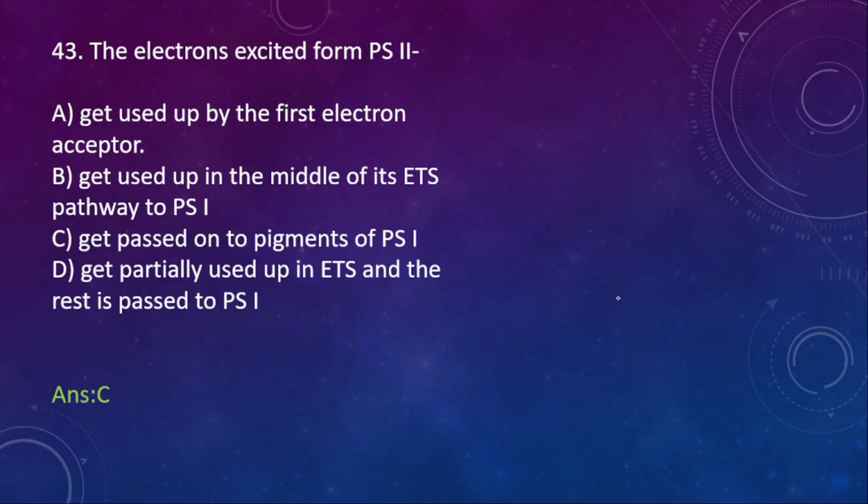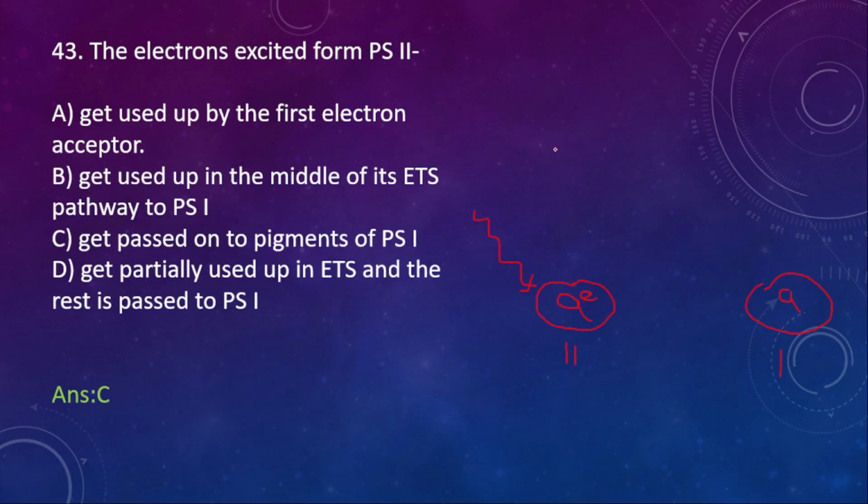Let me show you. If I am saying this is PS2, and here there is one more light harvesting system, that is called what? PS1. There is a central master molecule which is called chlorophyll A. Whatever the light harvesting system is absorbing light, electrons are going to be excited.